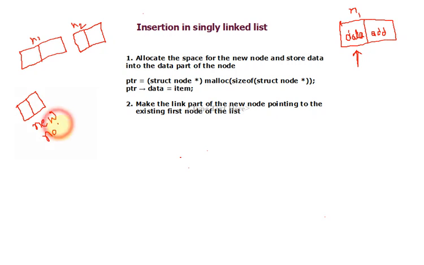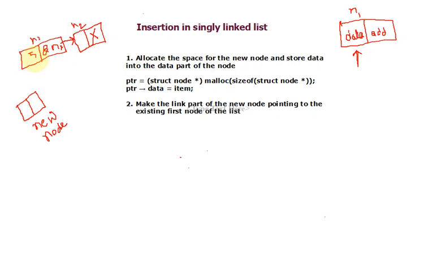This is your new node, and as we know that this is the address part, and it holds the address of the node 2. And this is the end of the list. In this part we assign the null, and this is linked using this type of arrow, and these two fields are used for the data part.